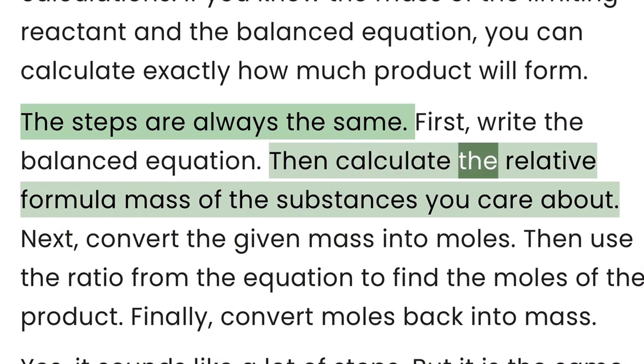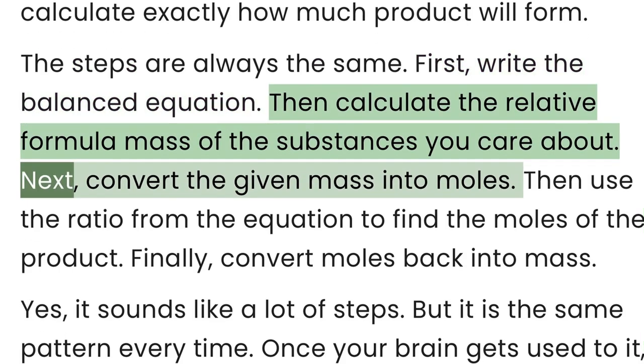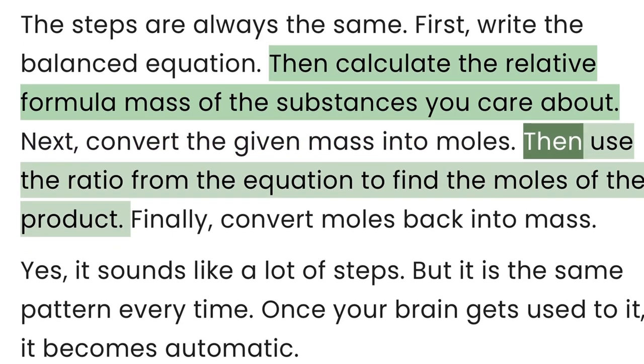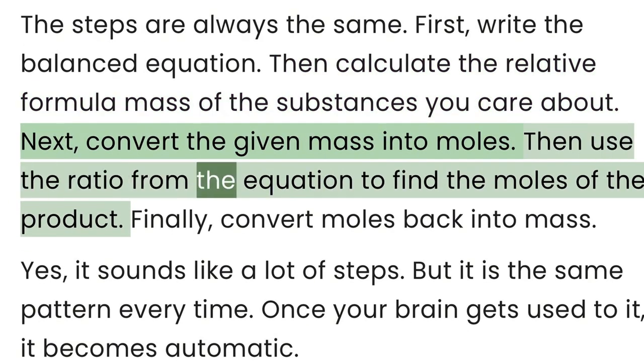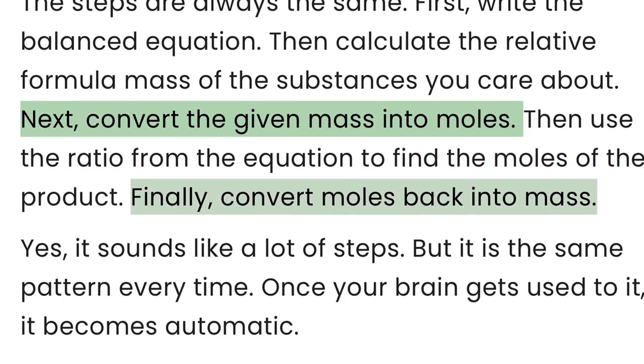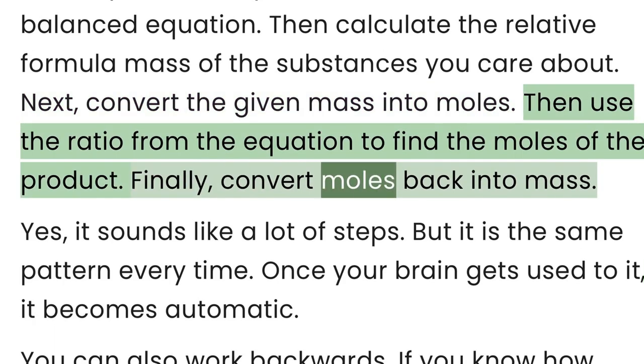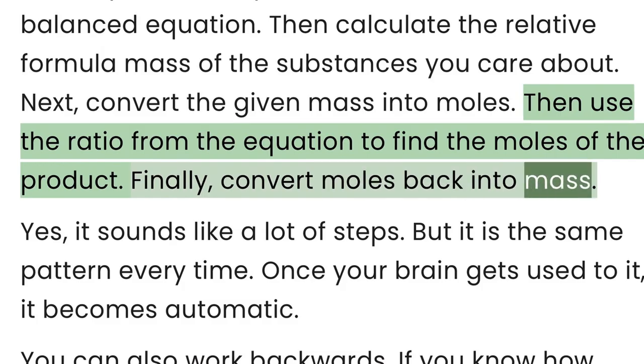Then calculate the relative formula mass of the substances you care about. Next, convert the given mass into moles. Then use the ratio from the equation to find the moles of the product. Finally, convert moles back into mass.